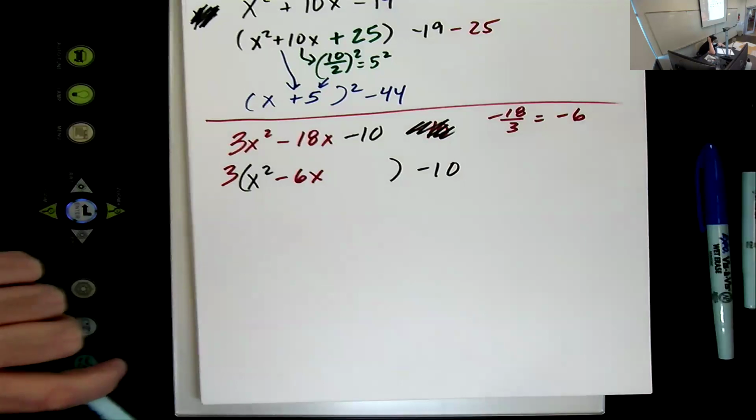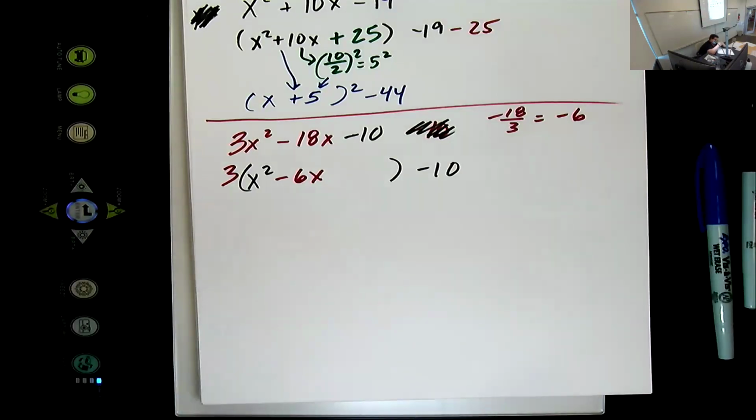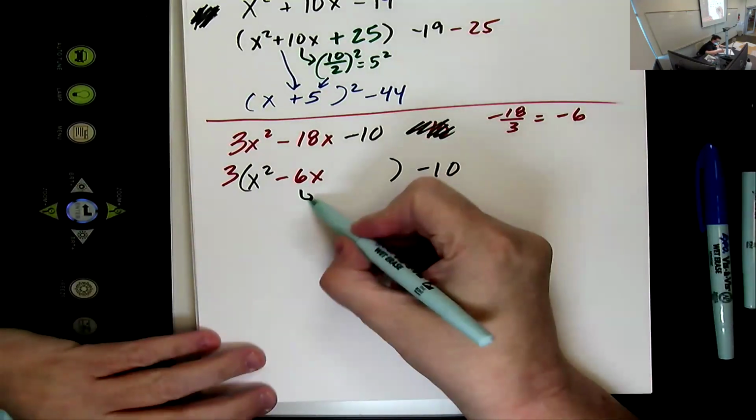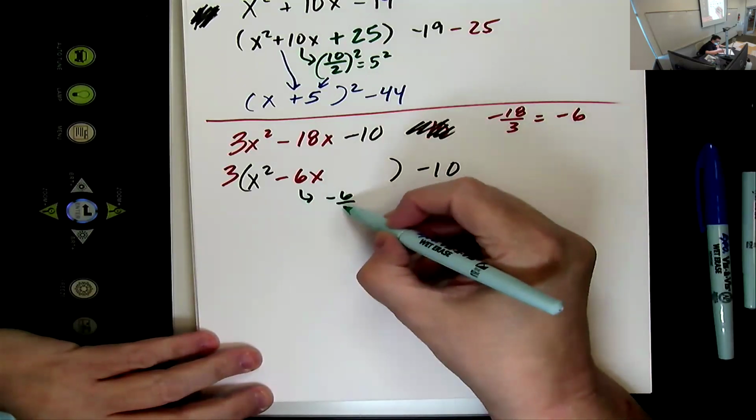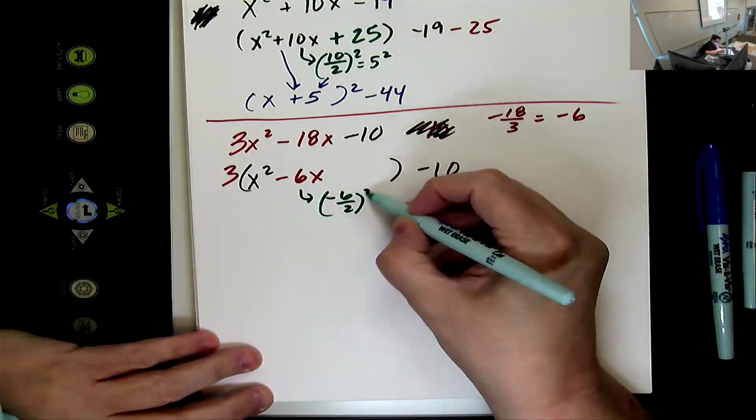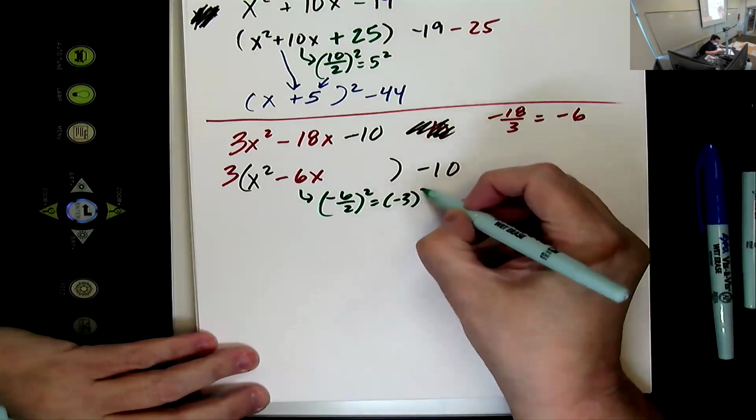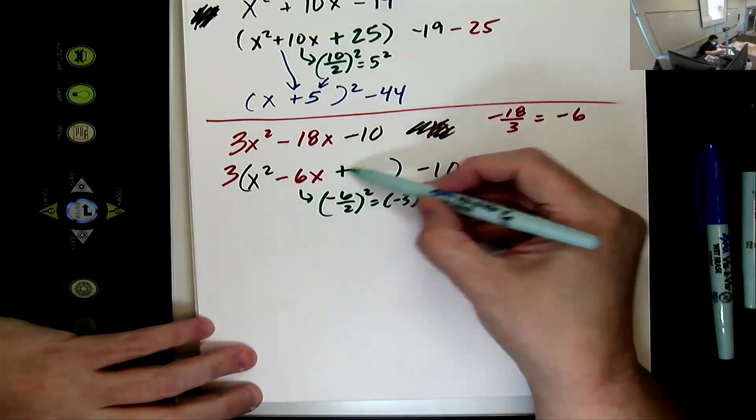Everybody good with that so far? Yes. Okay, so when we complete the square, -6 halved is -3, squared is 9. So what I'm adding inside is 9.